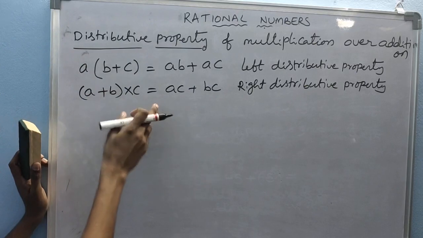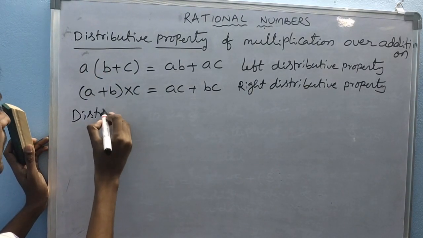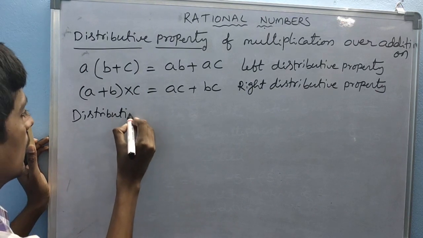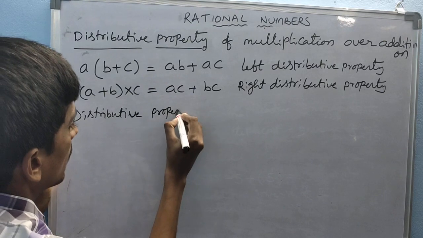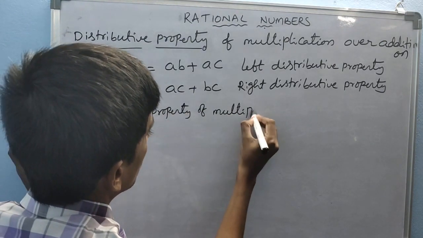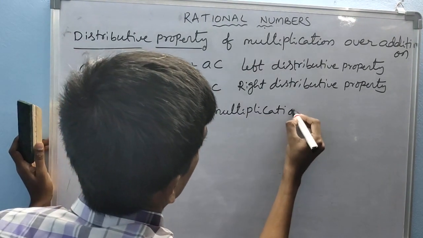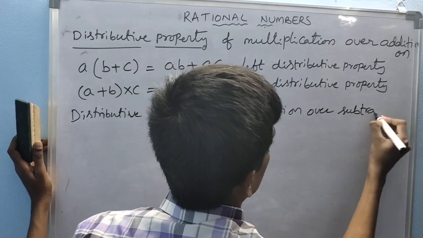Here multiplication and addition are there. Now the distributive property of multiplication over subtraction.